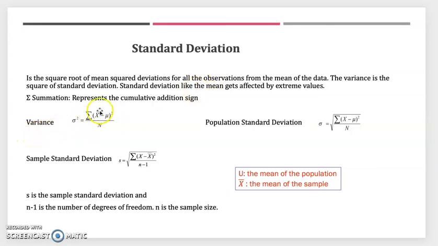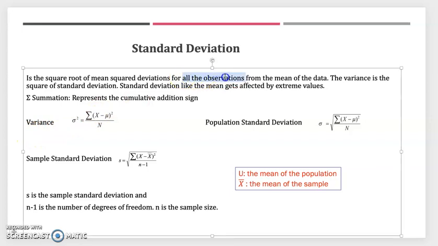The variance is each individual observation's distance from the mean. Here, mu represents the mean, and x is for all the observations. We use the sigma: each value minus the mean, squared, then we add all those values together, and we divide by n.